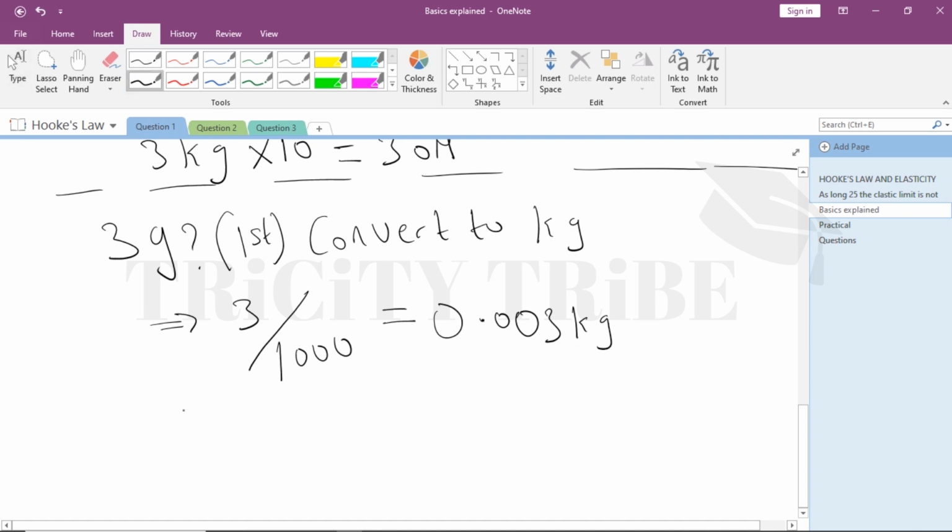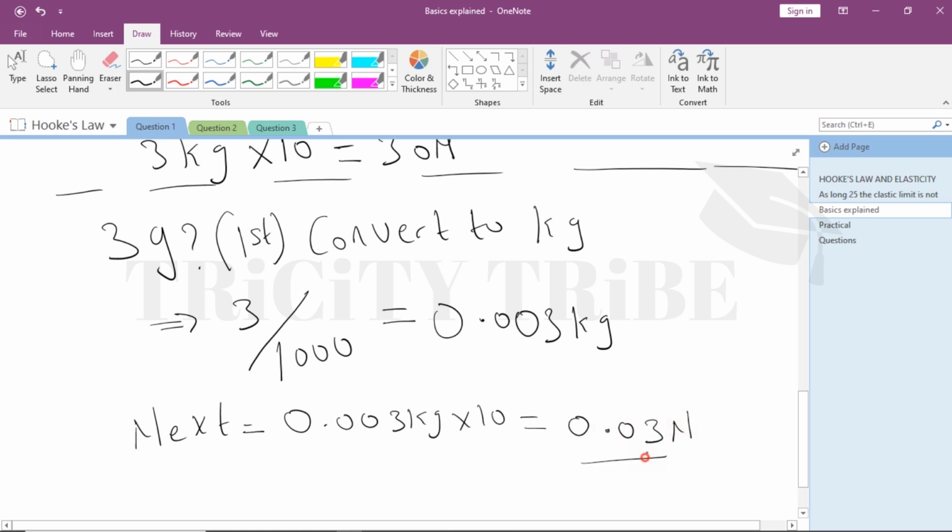Now that I have my kilogram, I multiply my kilogram by what? By 10 to get what? Newton, which is 0.03 Newton. Can you see?